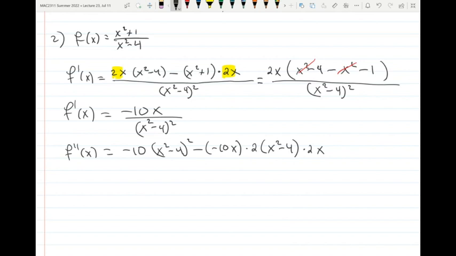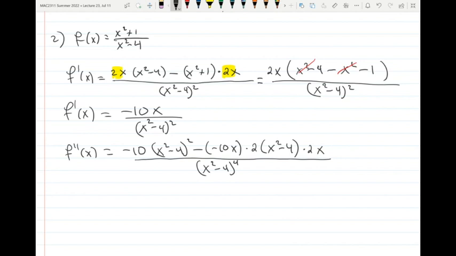You understand this? That's a general power rule. All of this divided by the bottom squared. So x squared minus 4 to the 4th power because of the square. Yes? Okay, now cleaning up time.